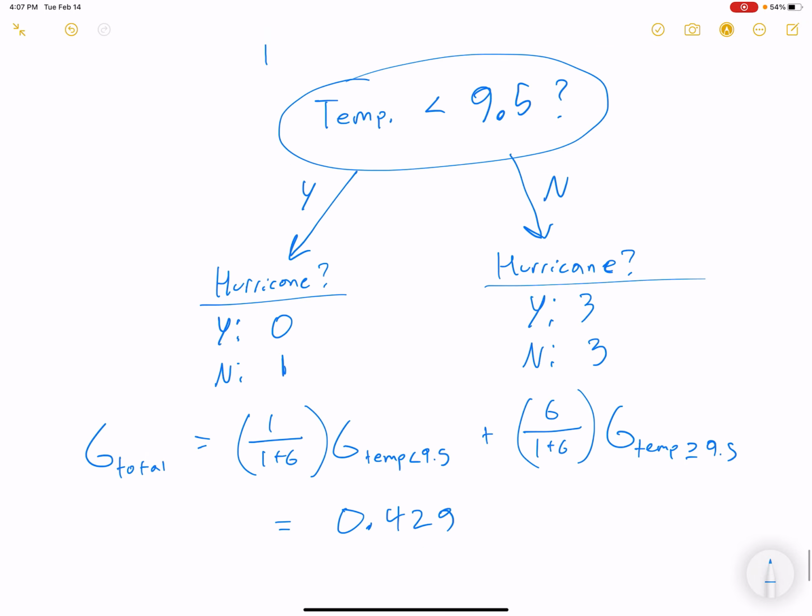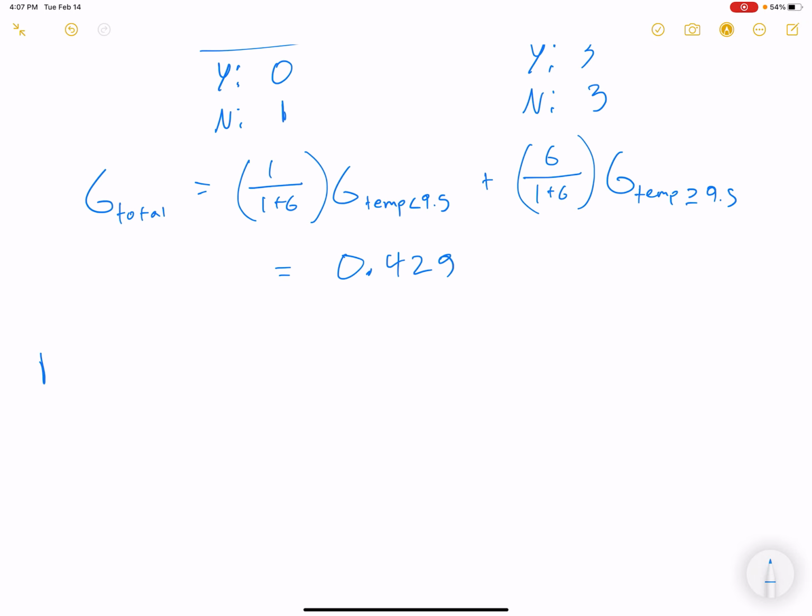So for this example, for deciding on the root node, sorry, that is not legible.